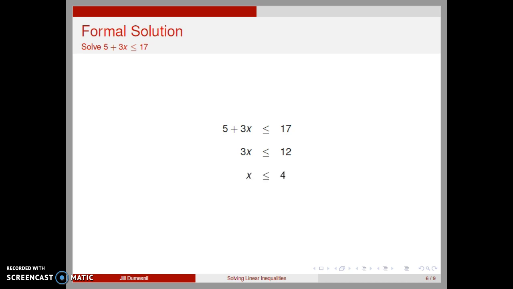And the multiplication of 1/3 on both sides produces x is less than or equal to 4. This solution also shows every step with the understanding that simple arithmetic is computed mentally. If it's apparent how one step follows directly from the previous step, then sufficient work has been shown.